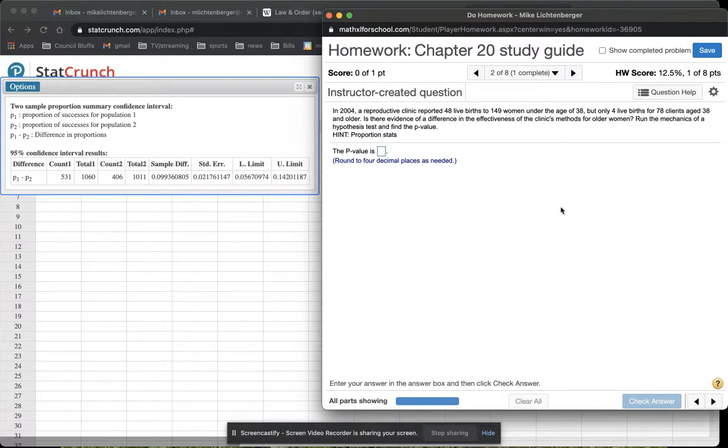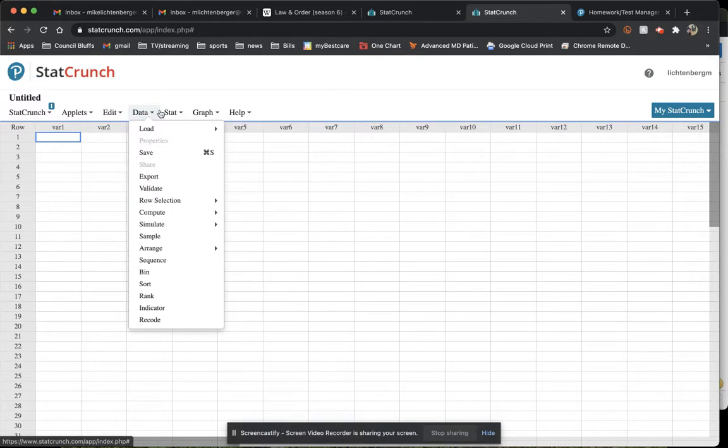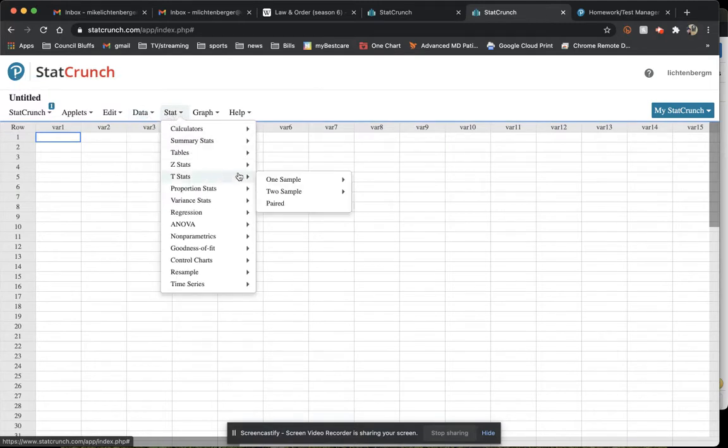Number 2, we have the live births for younger women versus older women. So run the mechanics of a hypothesis test and find the p-value. So if we go back to StatCrunch, we're once again going to do t-stats, 2 sample with summary.